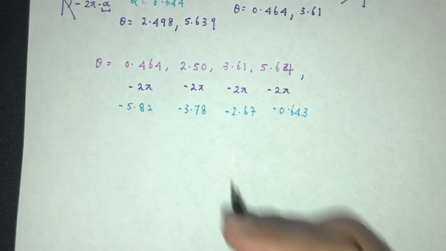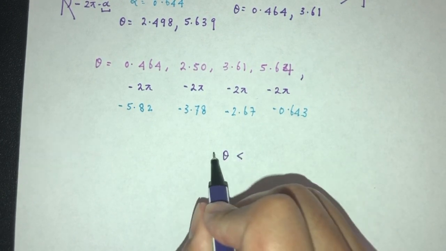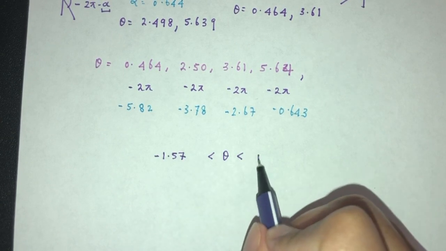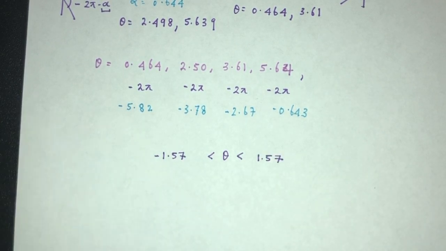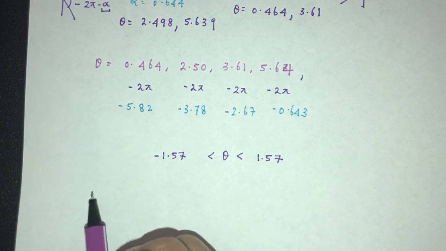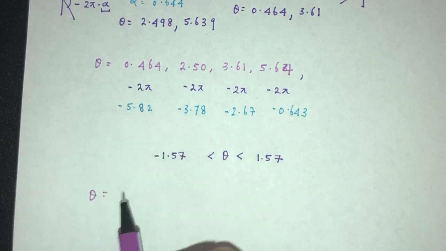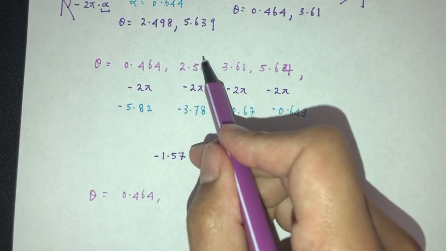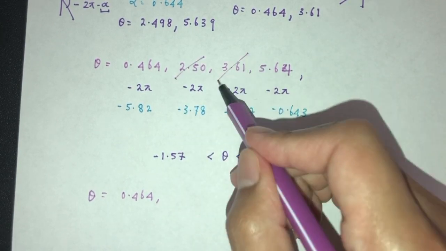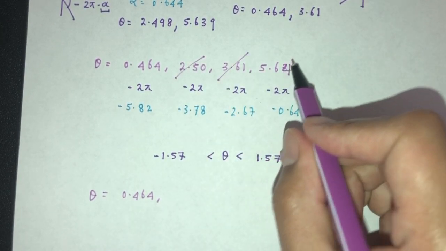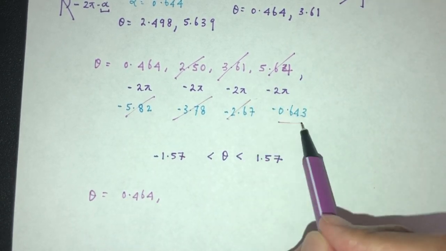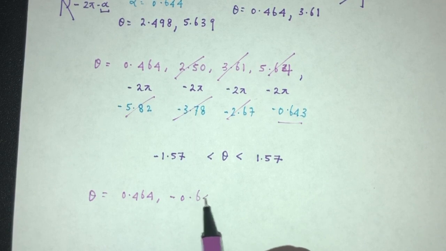So here we have to recall that theta lies between minus 1.57 and 1.57. According to this, 0.464 is okay. This is too much, this is too much, and this is too much. Too much, too much, too much, and this is okay, minus 0.643.